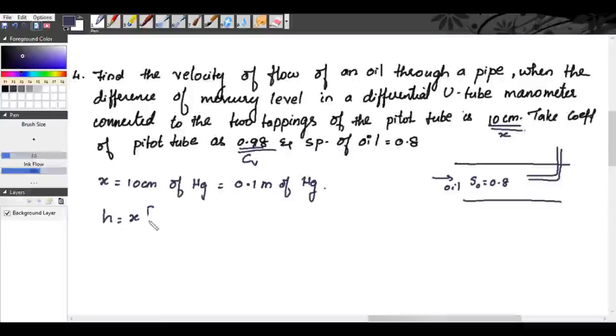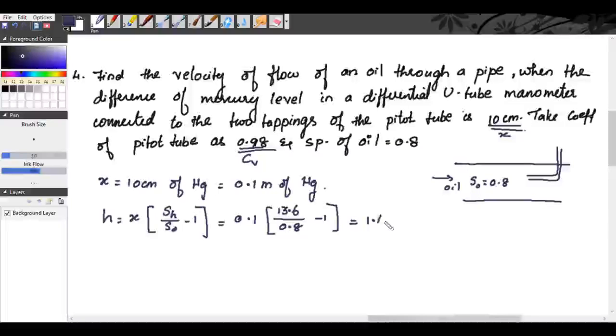We know H is X into (SH by SO minus 1). So that is equal to X is 0.1, specific gravity of mercury is 13.6, specific gravity of oil is given as 0.8, minus 1. We get 1.6 meter of oil, because the liquid flowing through the pipe is oil.